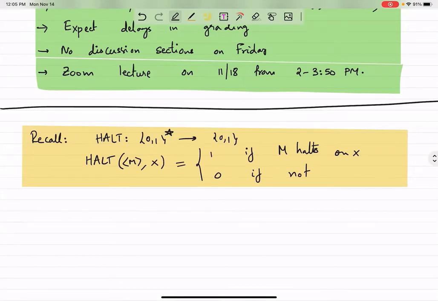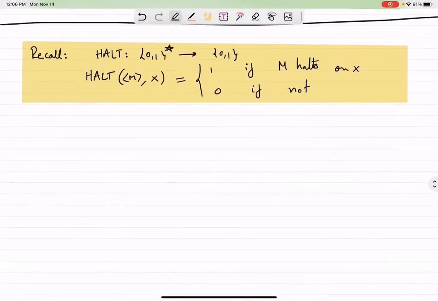This is how we define the halting problem. And we saw that halting is uncomputable by a reduction from toddler. We showed that toddler was uncomputable, and then we showed how we could use halt to solve the toddler problem. But today, just to give you a better sense of what's the inherent difficulty in halting, let's do a different proof.